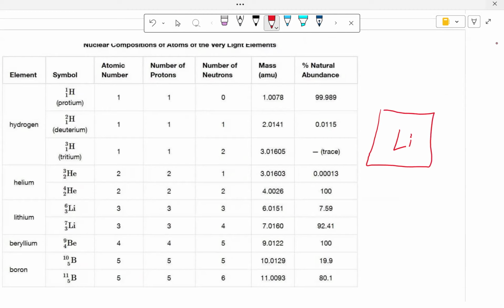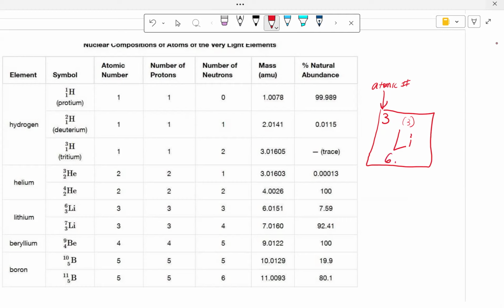A basic periodic table will put the atomic number somewhere at the top, usually the upper left-hand corner, or sometimes in the upper middle. But that's the atomic number. And then if you look below the symbol, there's usually a number that's got some decimal values in it as well.